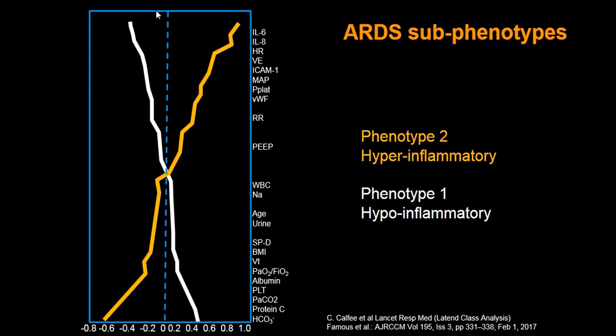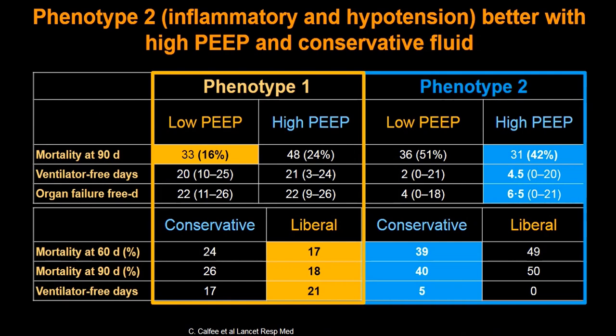And there is a hypo-inflammatory phenotype. Now, why should I care so much, for us clinicians at the bedside? Because their response to fluids and PEEP is very different. So you can see the hypo-inflammatory phenotype, they do better in terms of mortality with lower PEEP and with liberal fluid management. Okay?